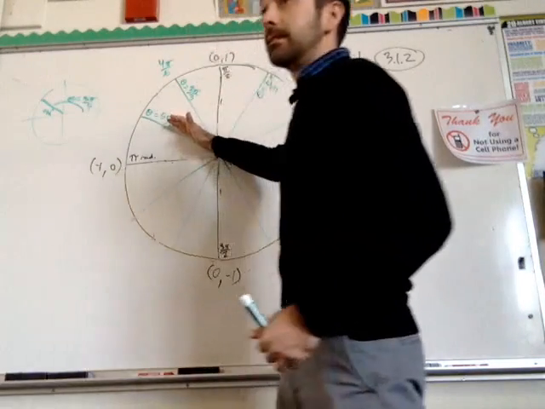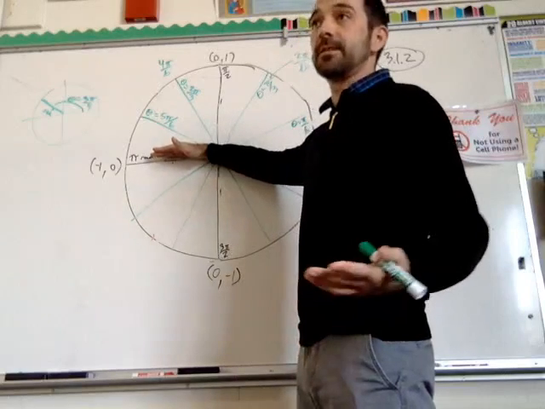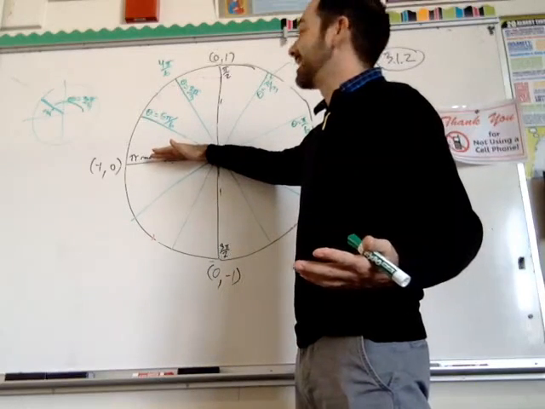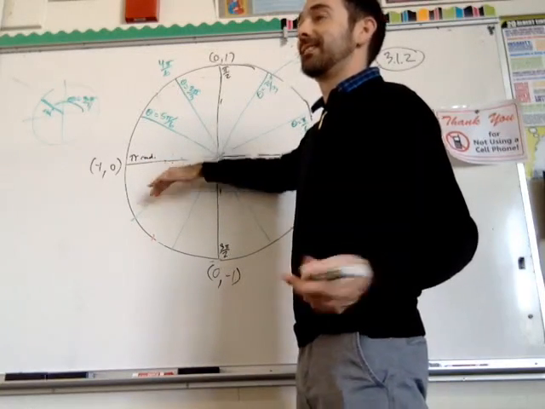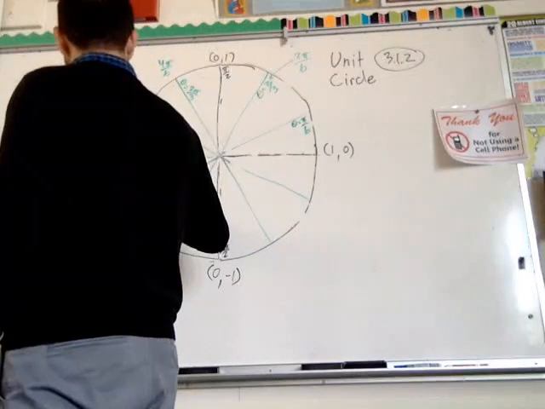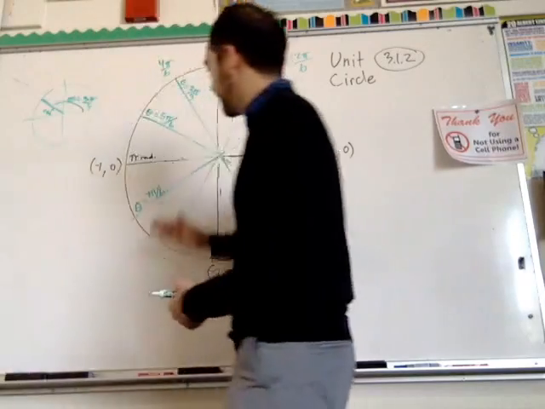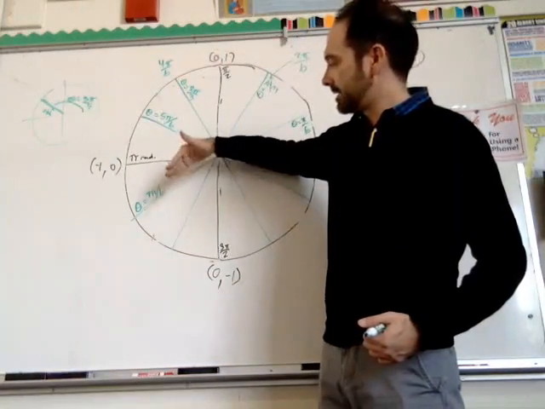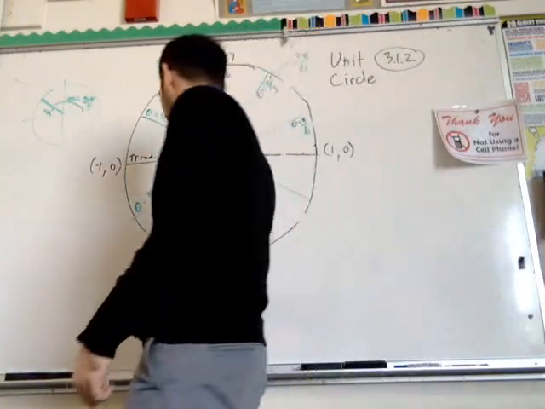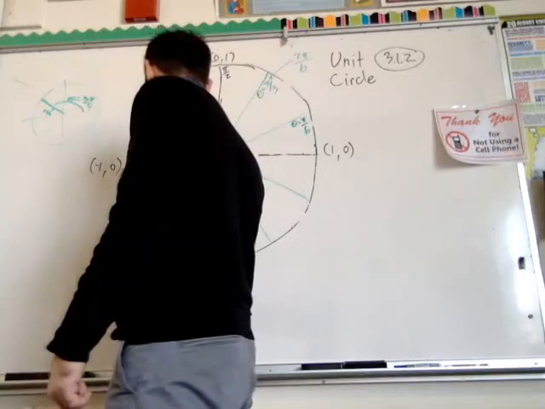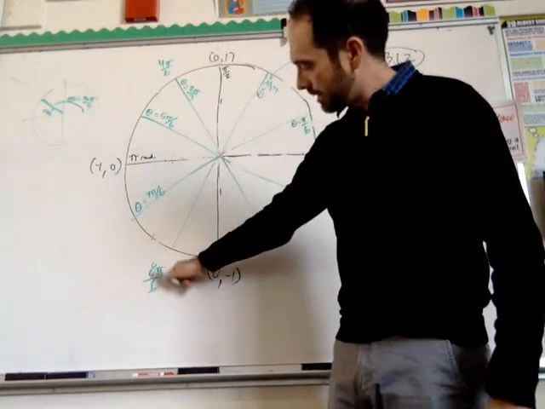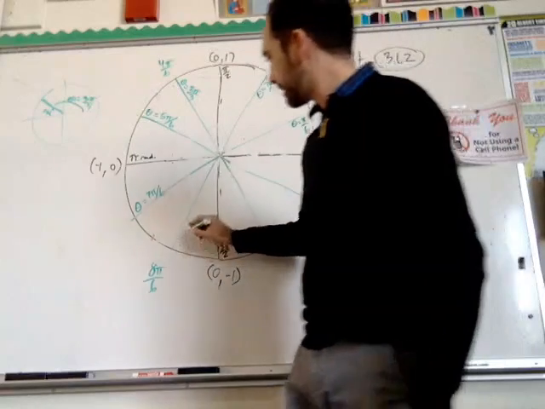5 sixths, 6 sixths, 6 over 6 is 1. What's this? 7 sixths. 8 sixths, let's put that out here and reduce it. 8 pi over 6 reduces to what? 4 thirds.